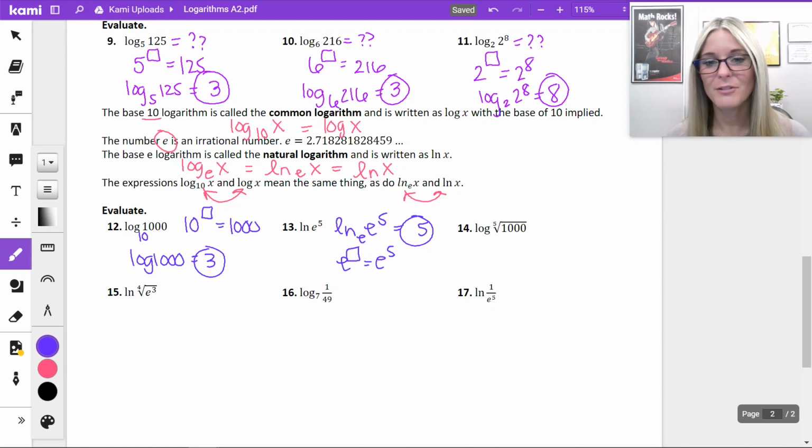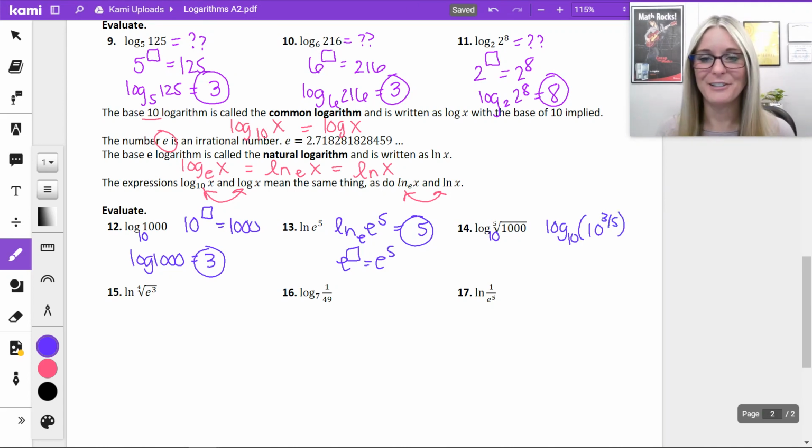In number 14, we have log of the fifth root of 1,000. There's not a base written, so it's understood 10. We could rewrite this as log base 10 of 10 raised to the 3/5. How did I do that?